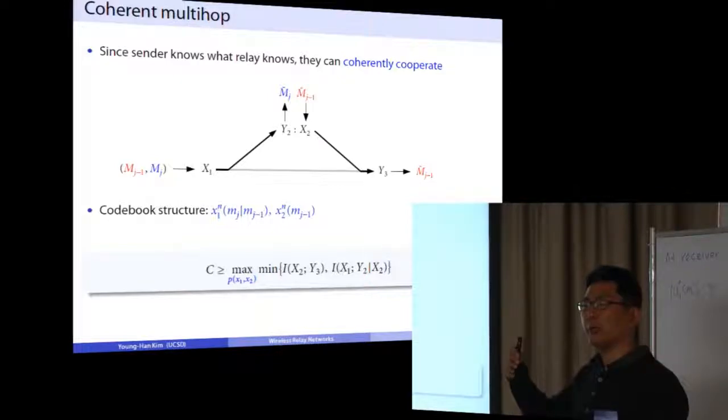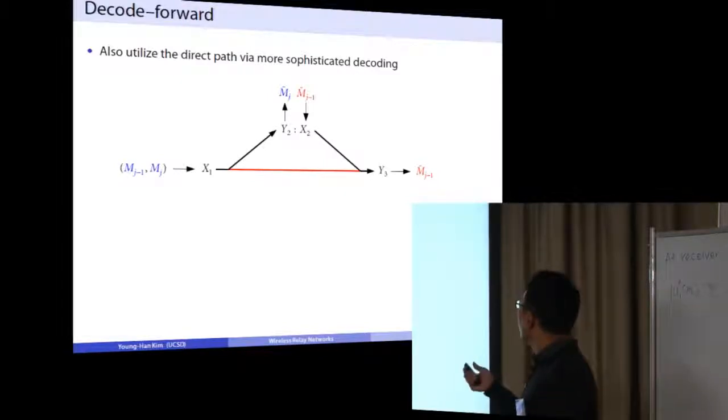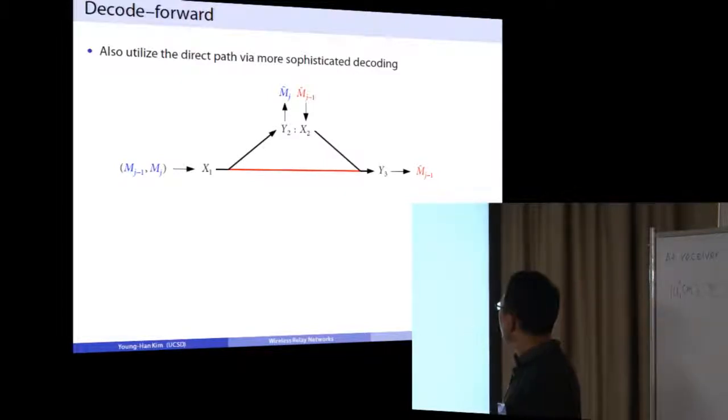So this is coherent multi-hop, and the idea is, again, very simple. Because the relay is decoding the message, the sender can predict what the relay is doing, and therefore we can design our codewords to be compatible with what the relay is sending. And finally, this is the last improvement we can have on this type of coding scheme.